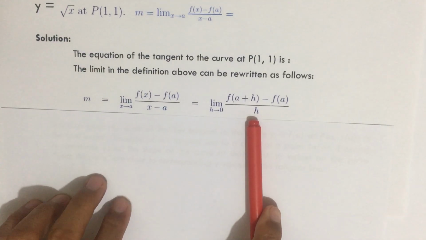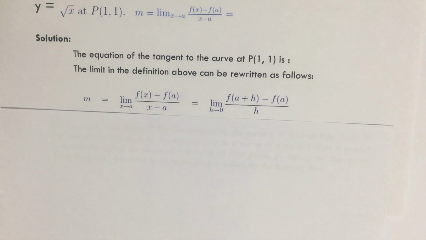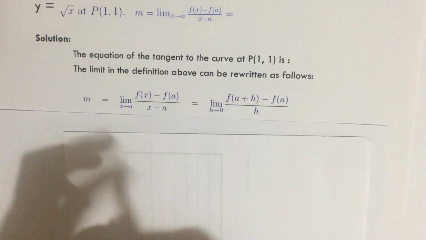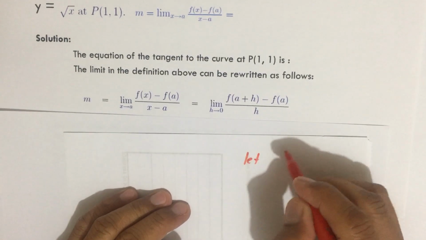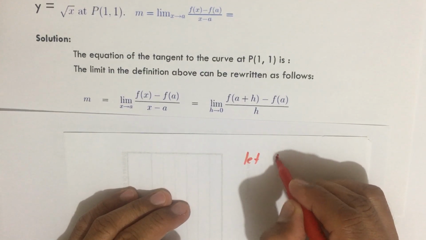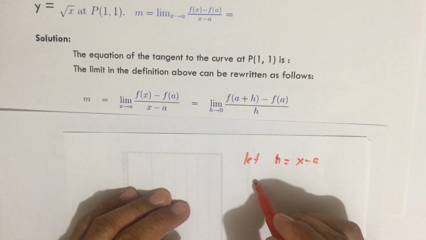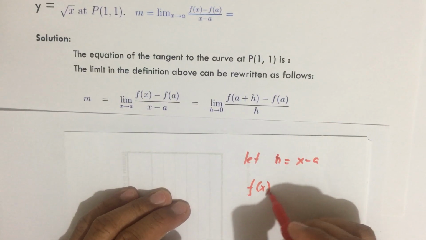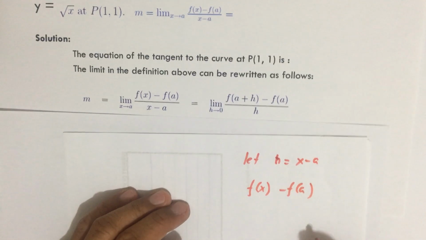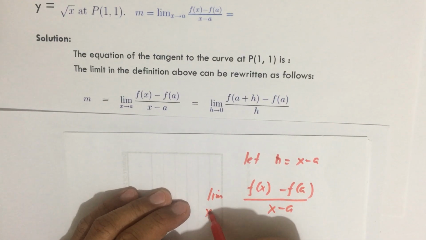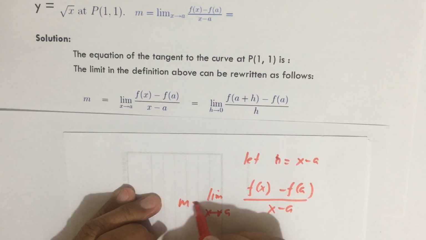So why does it become h? It's just something like this. We let h be equal to x minus a, the difference. So we originally have f of x minus f of a divided by x minus a, the limit of this as x approaches a. This is our m.